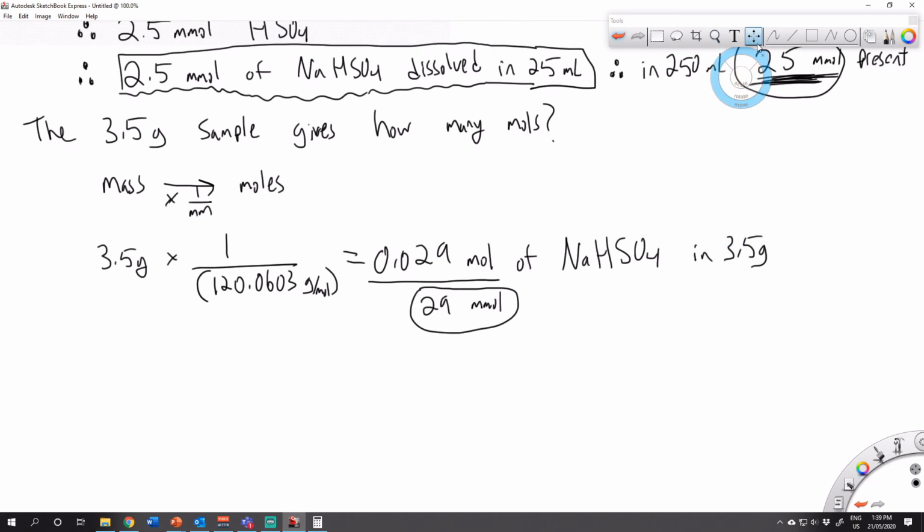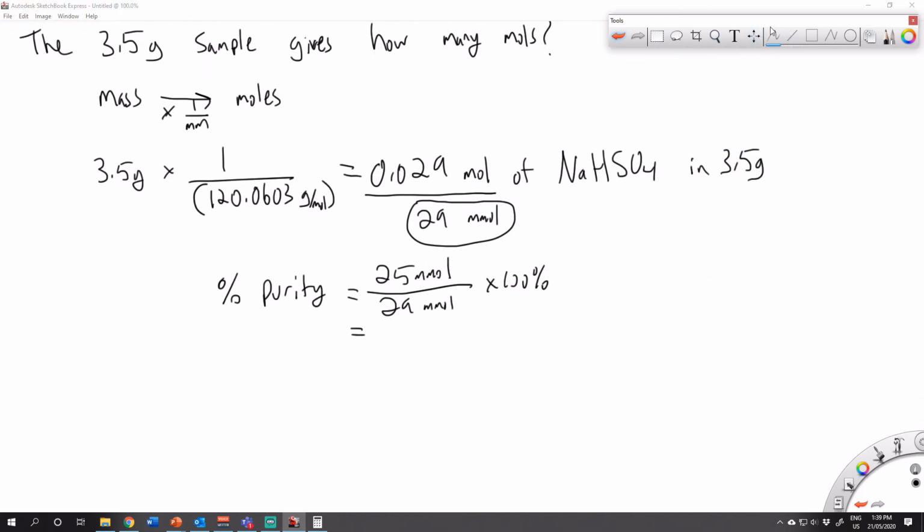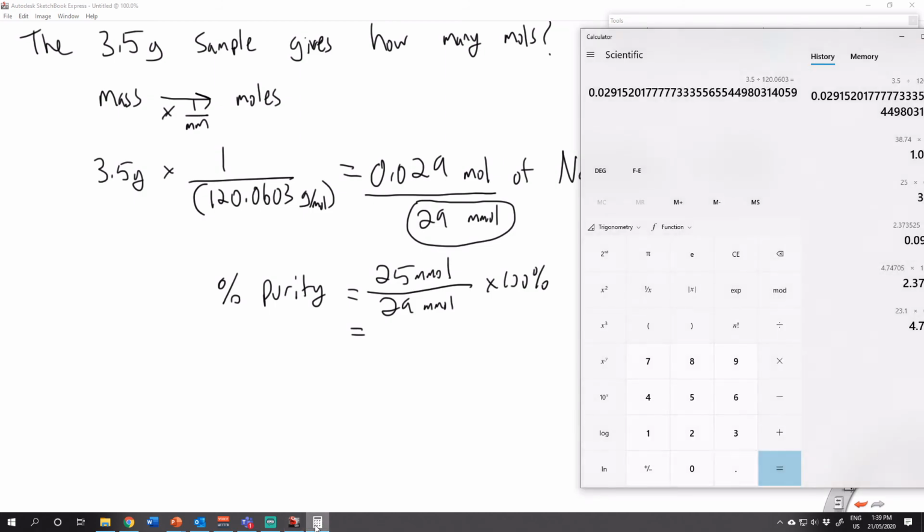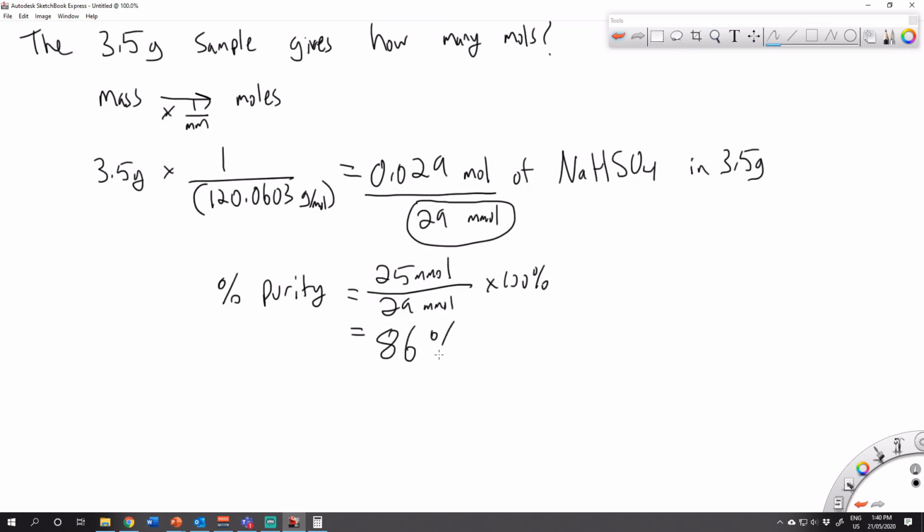So the percent purity is quite simply this. Percent purity would be the 25 millimoles we got divided by the 29 millimoles we were expecting, multiplied by 100. That gives us a percent purity of 25 over 29 times 100, about 86%.